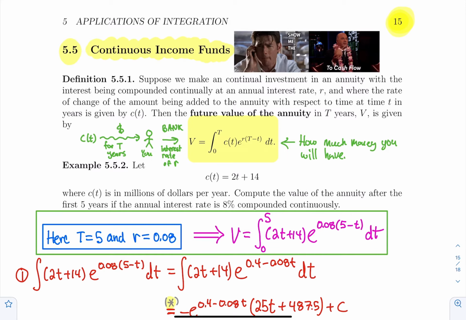C(t), the function that models how much cash you're receiving, is also going to be given.